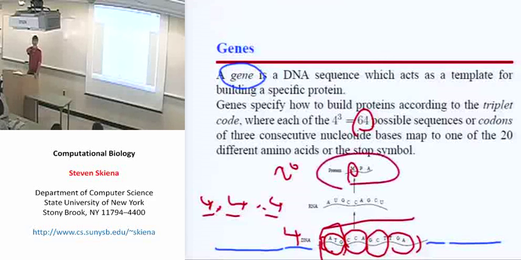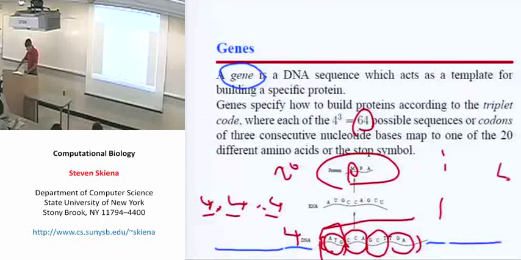Okay? And thus, a DNA sequence can describe how to make a protein. Any questions about that? Okay, this may be confusing. How is 64 mapped to 20? Well, all the 64 things map to one of the 20 things, but it's not a one-to-one mapping.